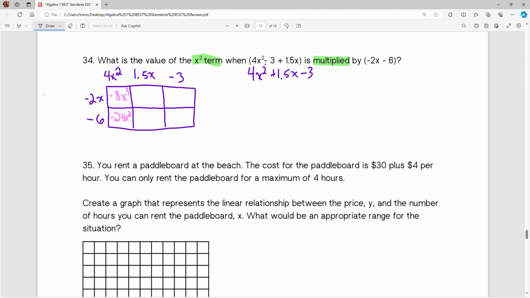And then 1.5x times negative 2, positive times a negative is a negative. 1.5 times 2 would be 3. And x times x is x squared. So we found another x squared here.